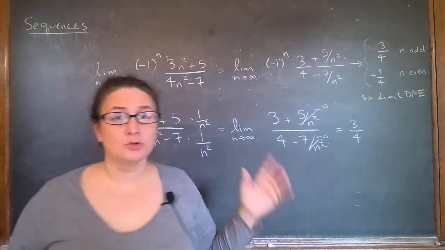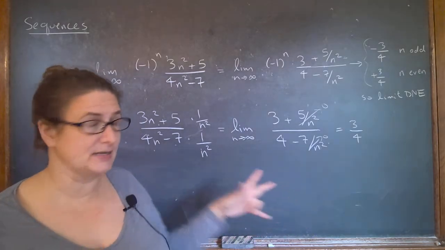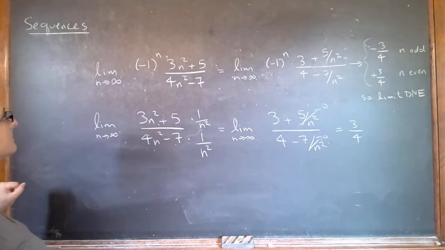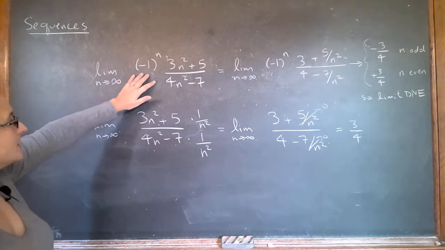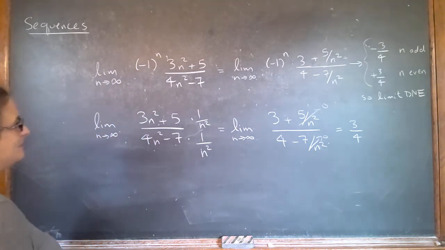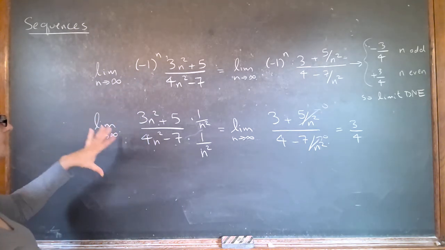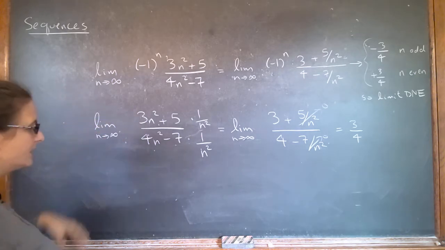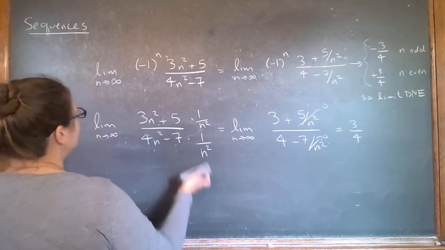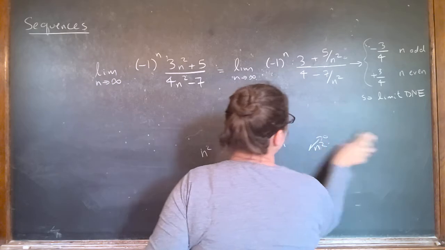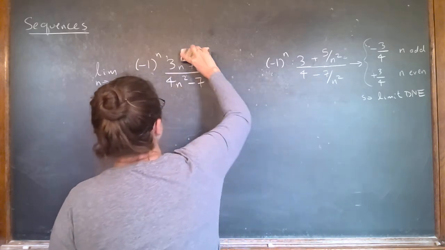Now, let's do one more very related example. Just because it has a minus 1 to the n does not mean that the limit necessarily does not exist. So let's change this up very slightly and get rid of that.